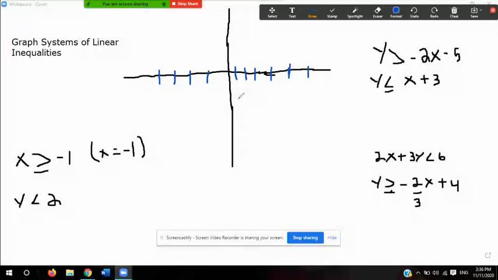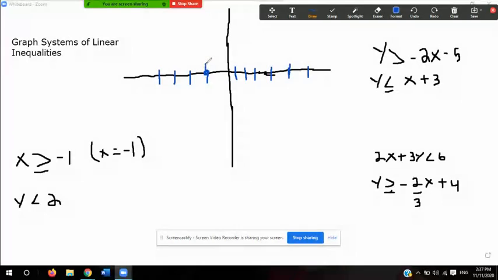So -1 is here. x is -1. And that means that x is always going to be -1. If I look at it in terms of x equals -1, that means that x is going to be equal to -1. However, the y coordinate is going to vary. And because the inequality says greater than or equal to, that means the -1 is included in the answer.